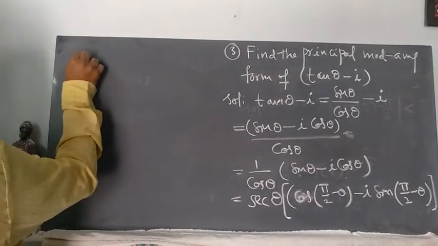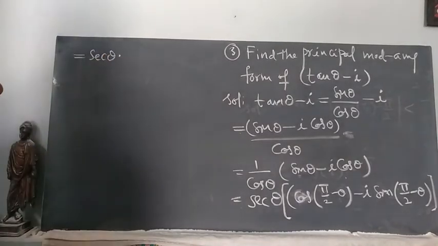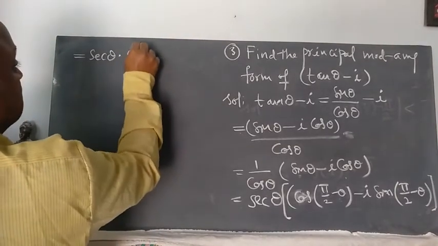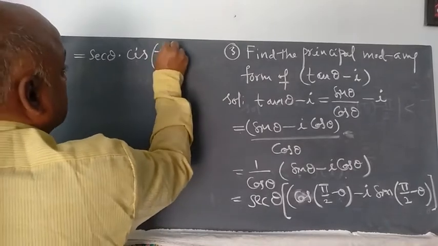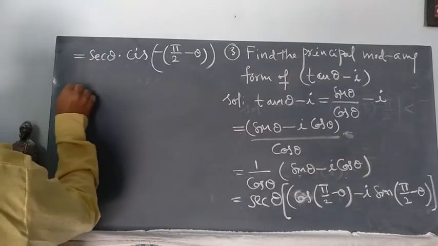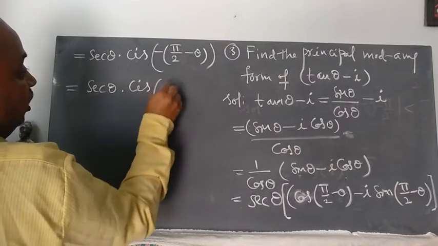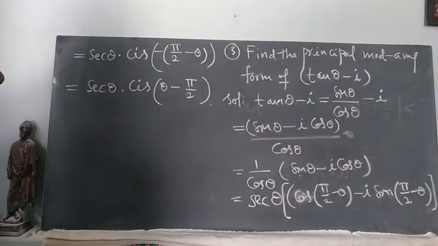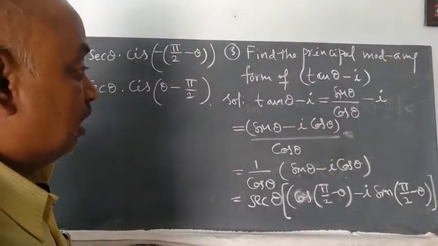So this is equal to secant theta into cis of minus (pi by 2 minus theta). This is equal to secant theta into cis of (theta minus pi by 2). So this is the required principal mod amplitude form of tan theta minus i.